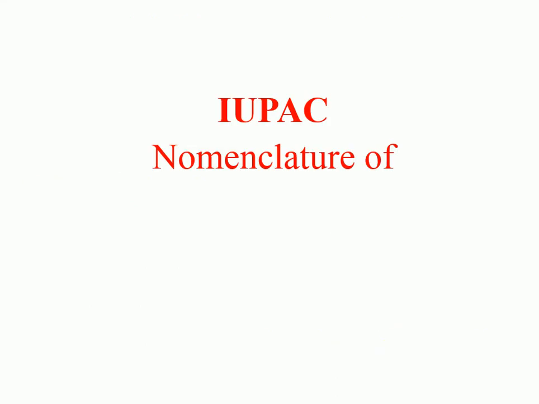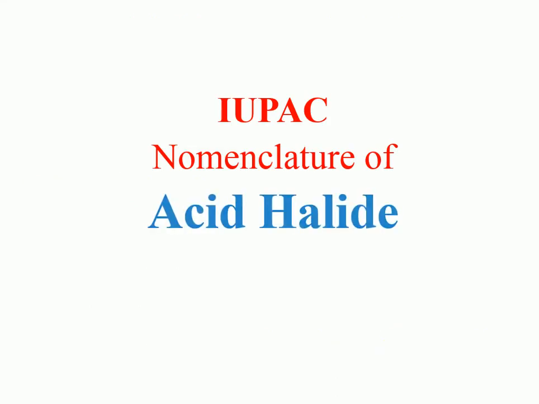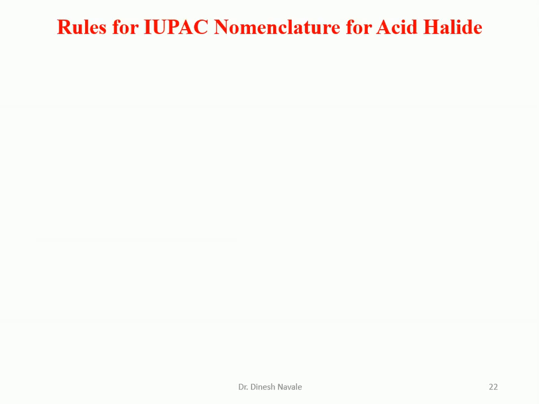Now we are going to see the IUPAC nomenclature of the acid halide. The acid halide is also a carboxylic acid derivative in which the OH of the acid is replaced by a halide group like chloro, bromo, iodo or fluoro. So what is an acid halide?